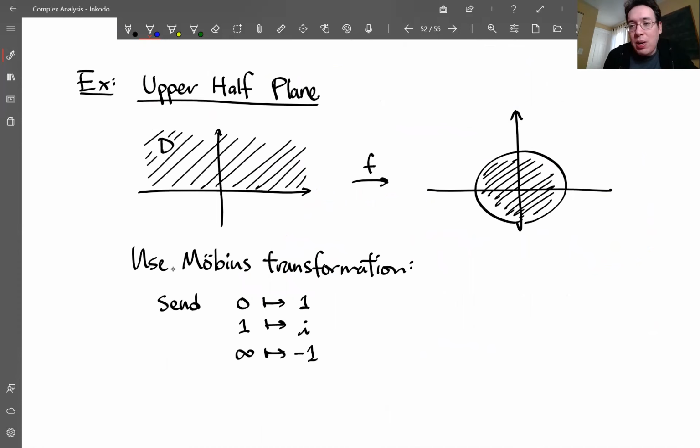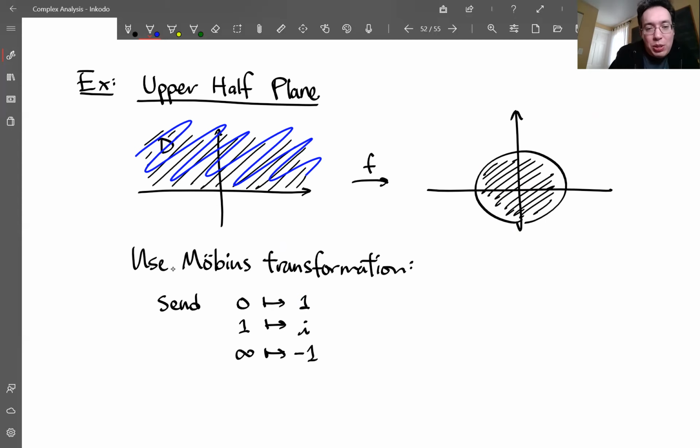Okay, so let's look at one type of conformal map like this. From the upper half plane, let's say D is the upper half plane, and we're going to map that into the unit disk. The upper half plane is not the whole plane, and it's simply connected, there are no holes. So there should exist some conformal map that does this. How we could do this is actually using the Mobius transformation.